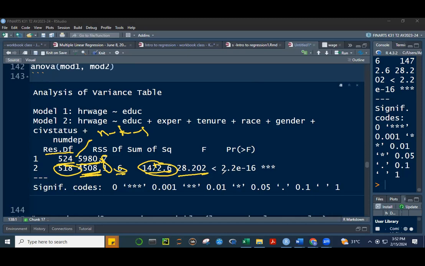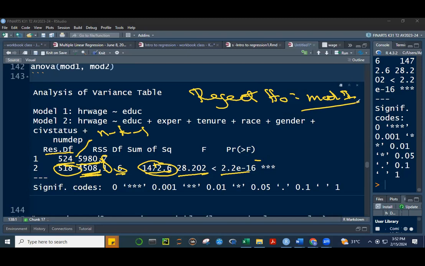So we will be able to generate the p-value here, and the p-value is practically 0. So what is our conclusion? Reject the null hypothesis. The null is that model 1, the restricted model, is better.